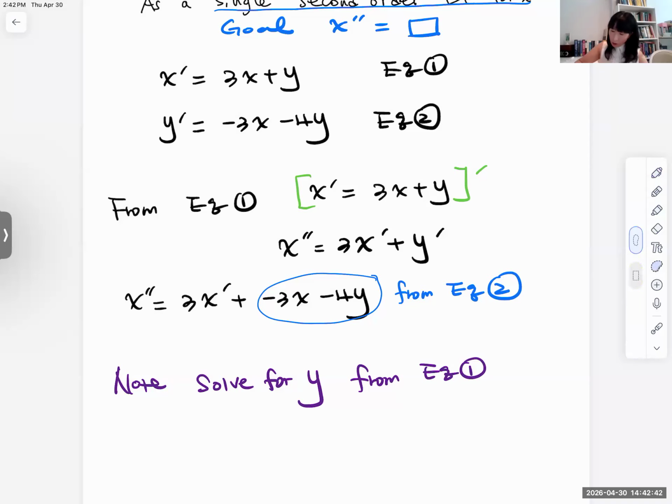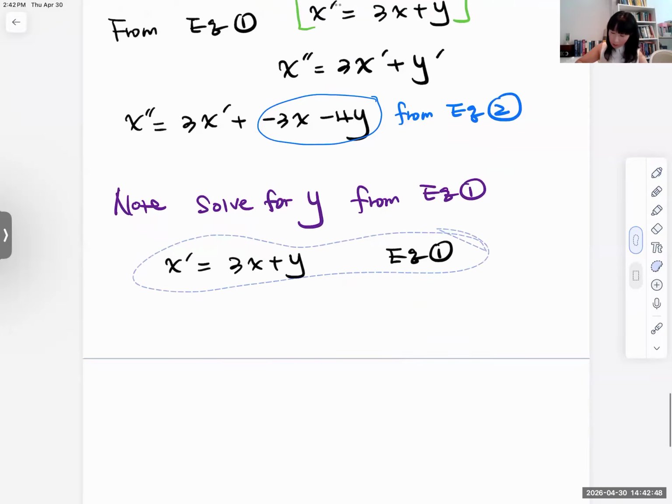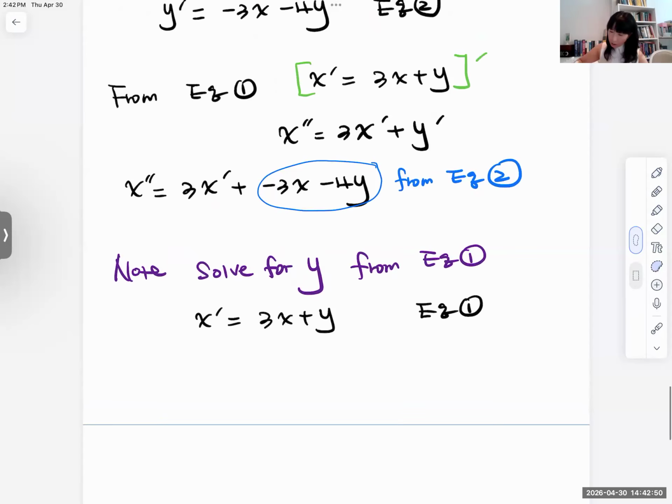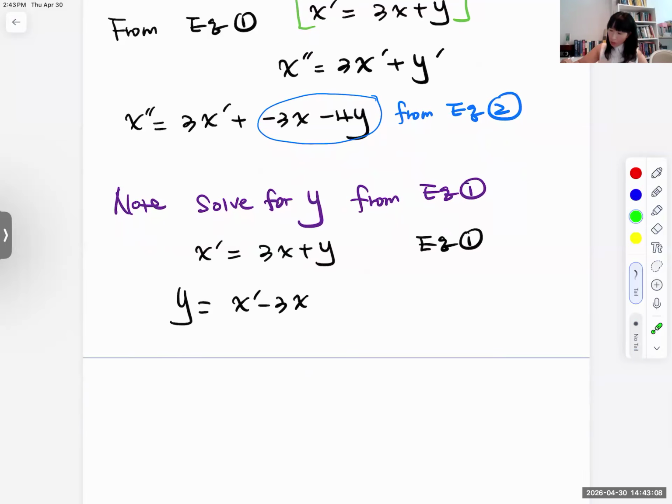So equation 1, copy. Okay, so we get y equal to then x prime minus 3x, right? All right, so this one we substitute into there.